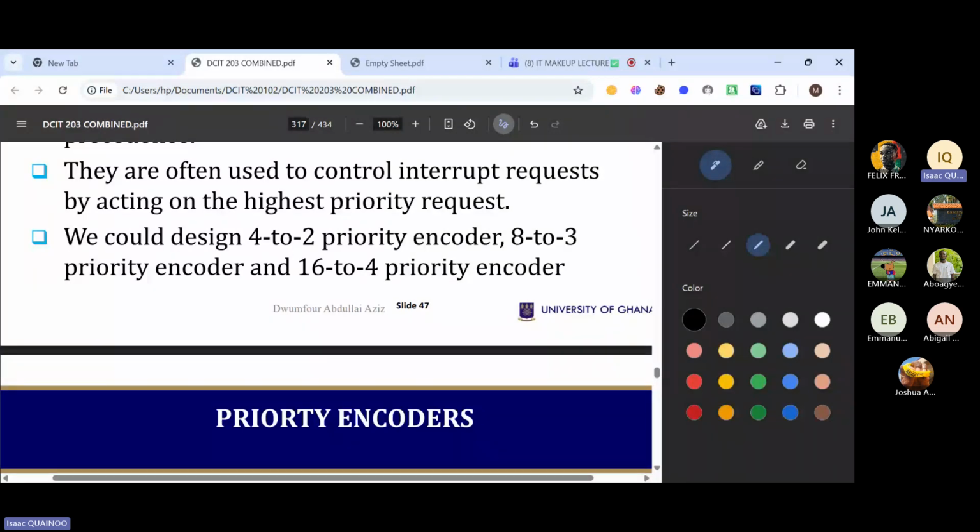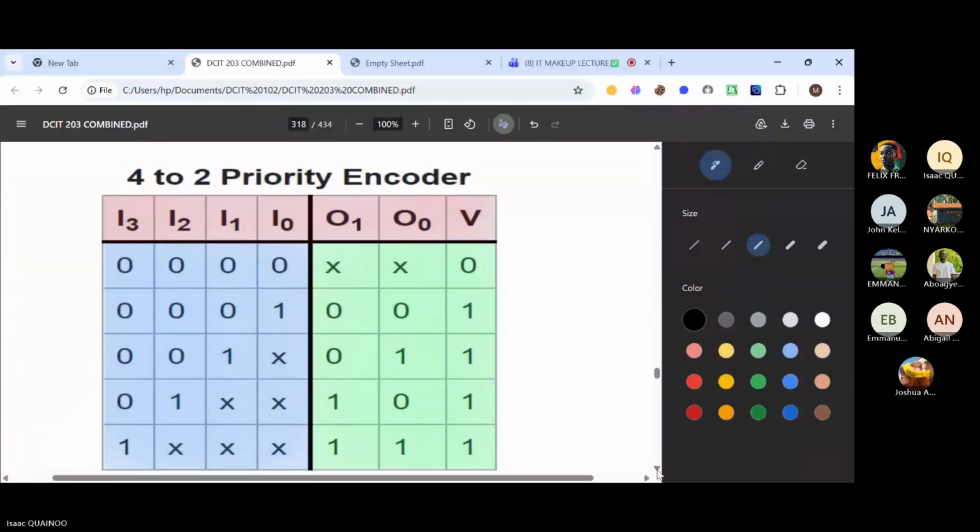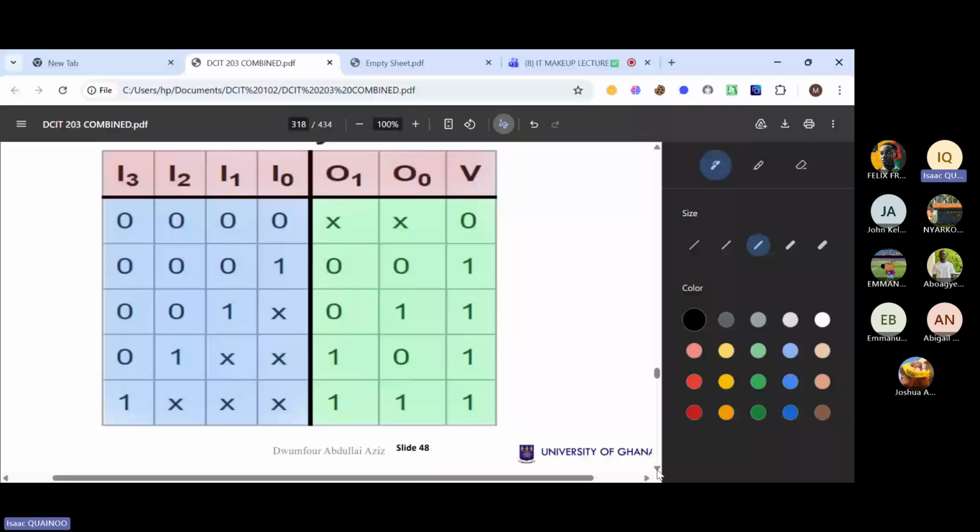We earlier gave a scenario where you can apply an enable, and it changes the behavior of the circuit. Otherwise, you can also add priority. This is the priority right here.